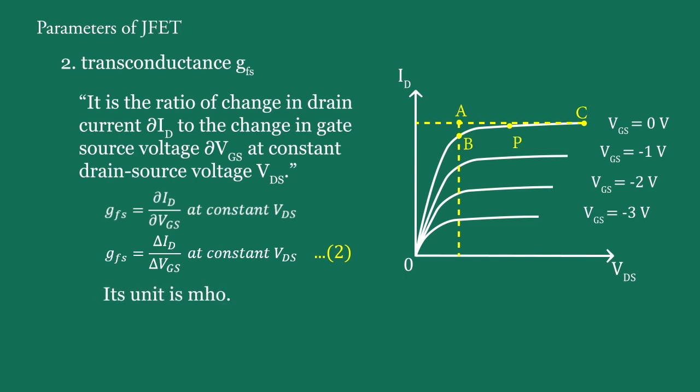Its unit is mho. From the characteristic curve, it is evaluated in the region where VGS equal to 0 and VDS equal to 15 volt, that is, at point P. It is also known as forward transfer admittance YFS.